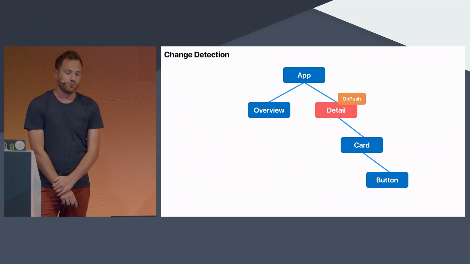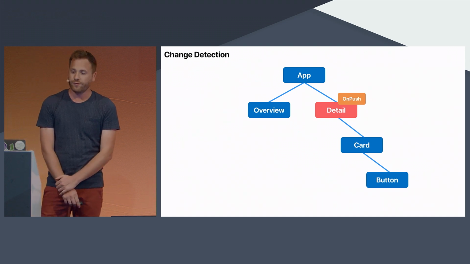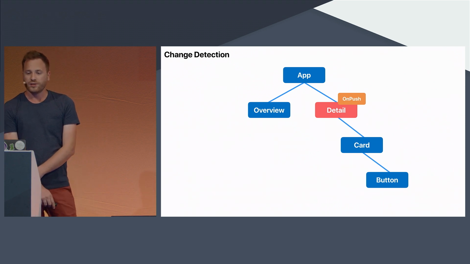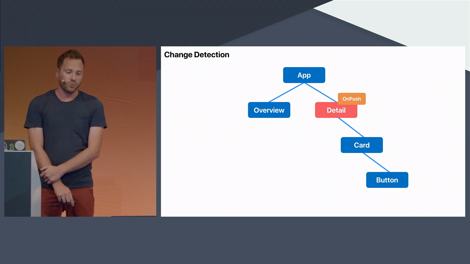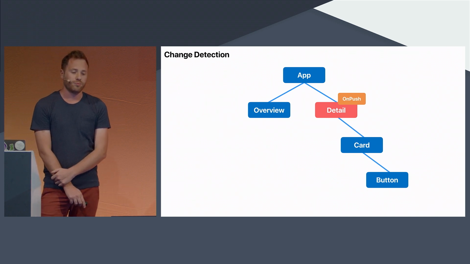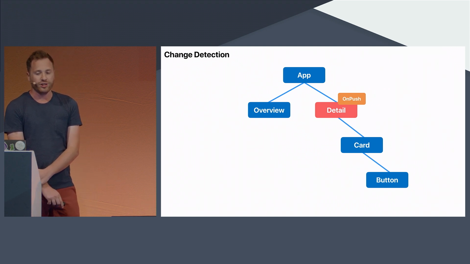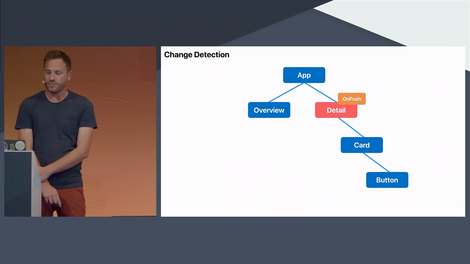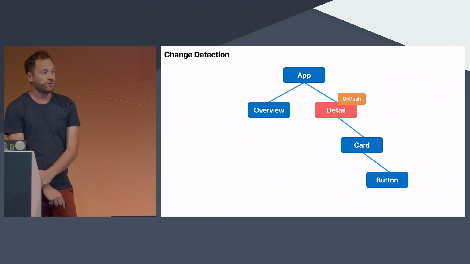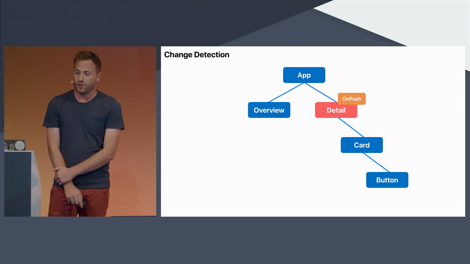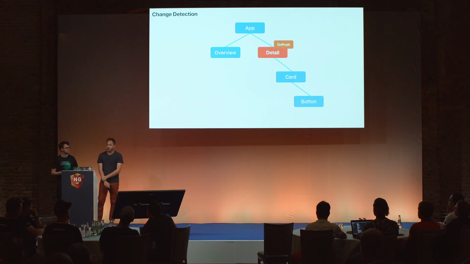Because we have set it to onPush, the change detection will only continue to run there if one of the inputs of the detail component has changed. As we didn't change the input of the detail component when clicking the button, the change detection will never reach the button. And this is the reason why all our components in the library are set to onPush by default. So we don't rely on the change detection to reach our component.